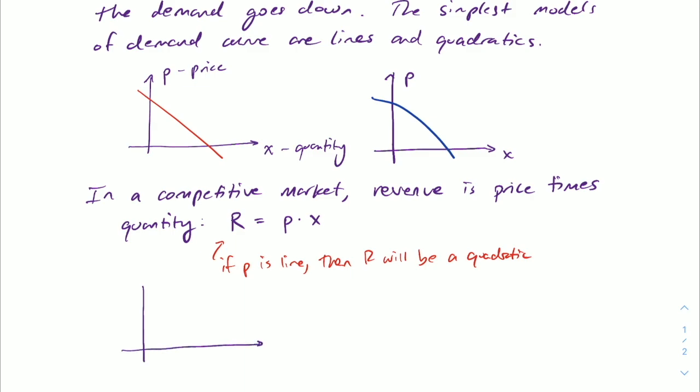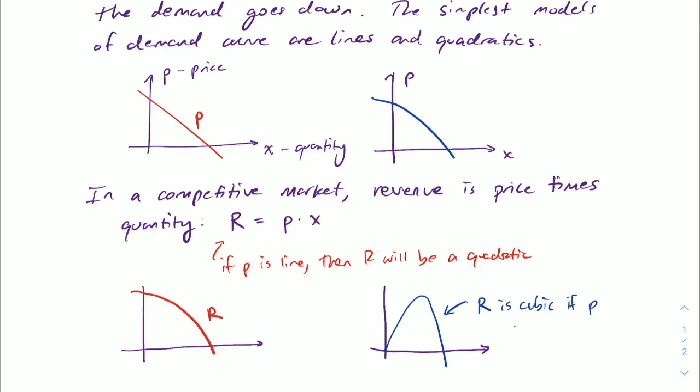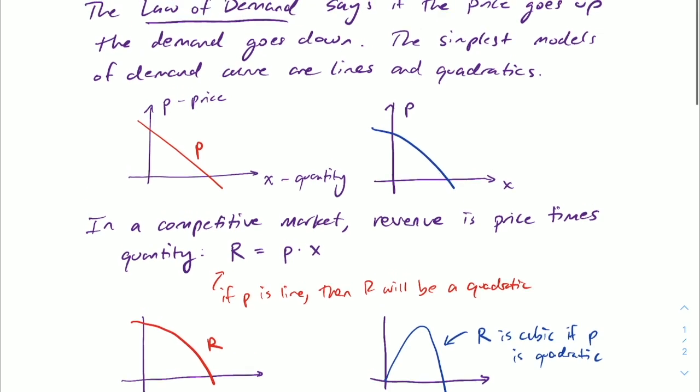So there's the R corresponding to that P. And if P is a quadratic, then R is going to be a cubic. Okay, so you can see how we get polynomials from the law of demand and revenue as price times quantity.